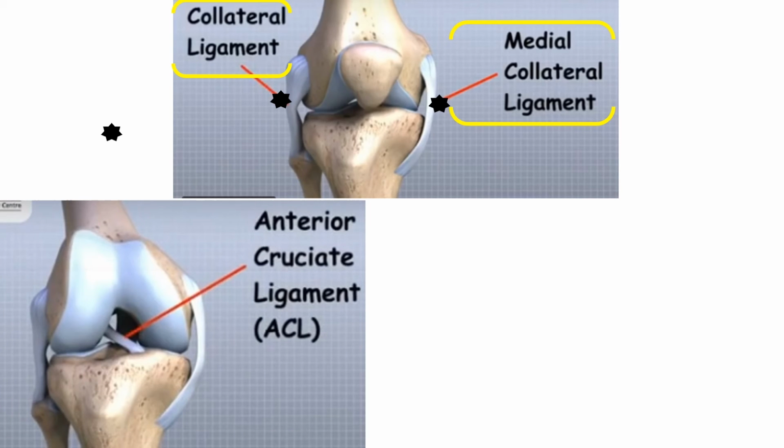Then we come to the main stabilizing factor of the knee, and that is the cruciate ligaments. We have two cruciate ligaments.